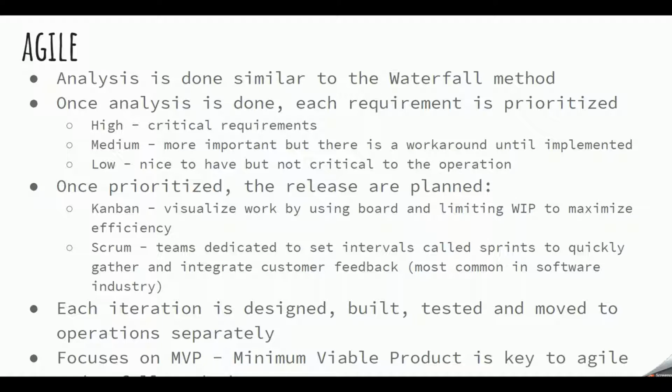So Waterfall method is trying to gather as much information and as many requirements as possible to try to produce the best product that they think the customer wants. However, in Agile and Agifall methods, that's not the case.